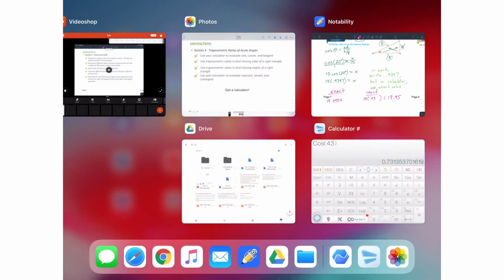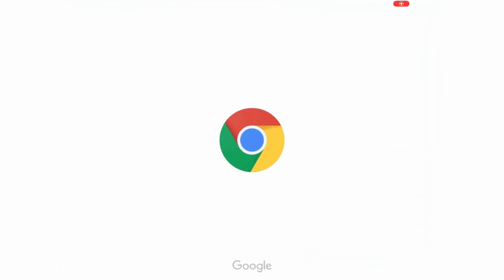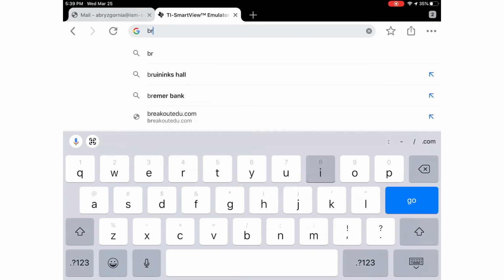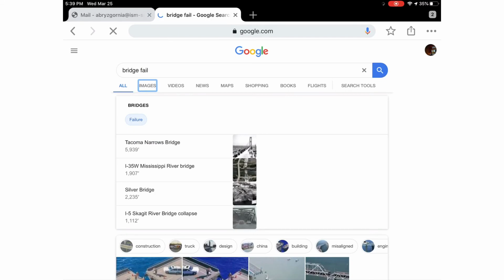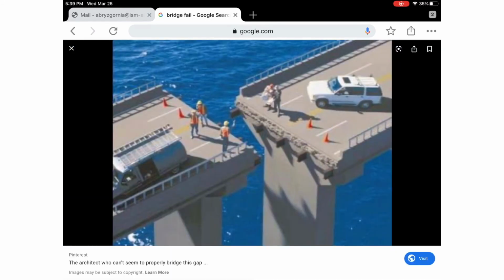There's one thing I want to show you. It kind of became a joke between me and some of my students from the past, like in IM3. So I am going to show you one of my favorite memes. That right there. The bridge fail.